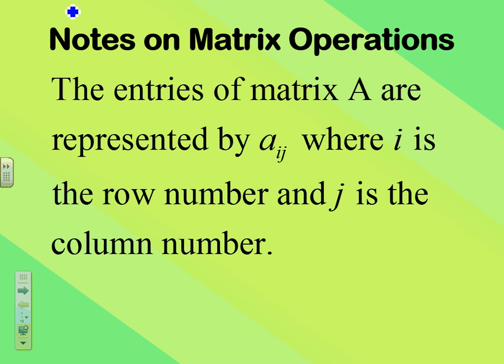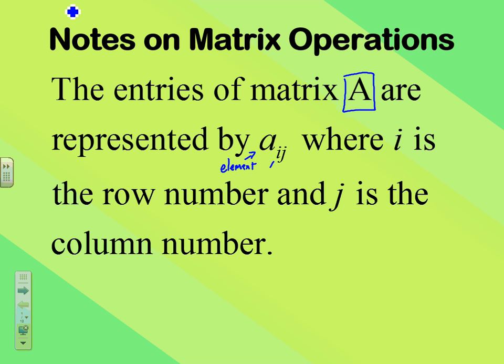Looking here, this is just a reminder about how an entry of a matrix is located. Here we're working with an imaginary matrix A. Because we called the matrix A, we use a lowercase letter a to represent an element of that matrix.